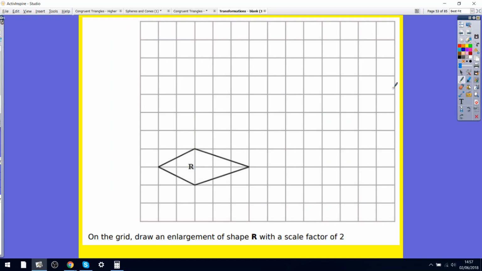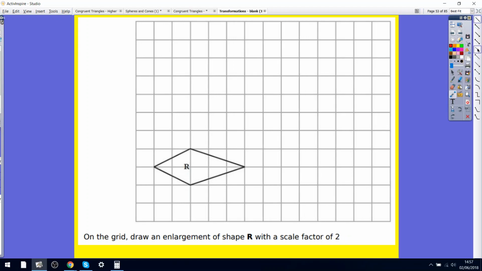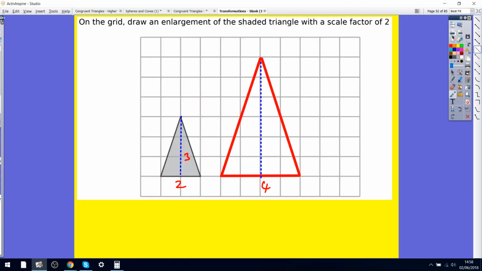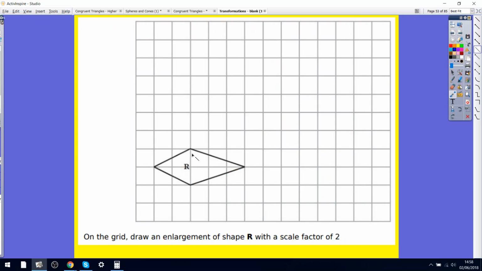Okay, how would you do this one? I think what might help is, similar to the previous one, if you did that, it would kind of help.